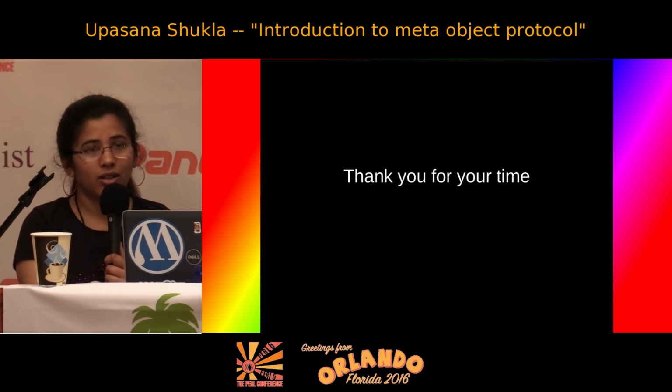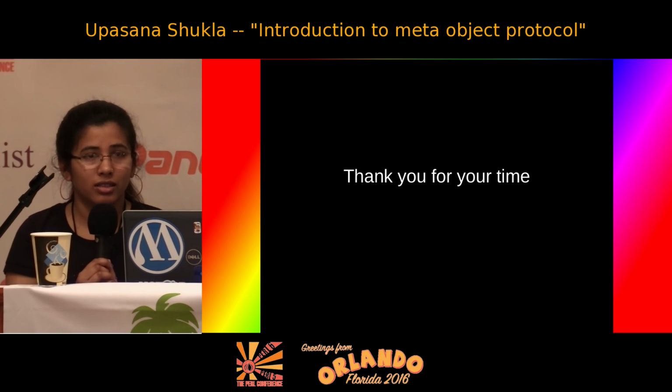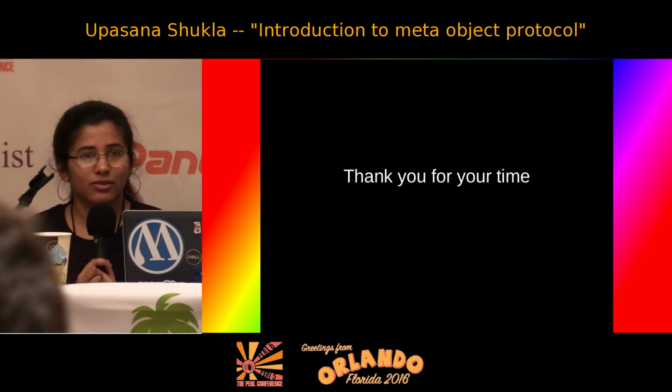Since most of the time one doesn't mutate classes at runtime, how come they're not immutable by default, and you tell Moose if you want to mutate them, instead of the other way around? Do you have any insight into that? Okay, you're asking why it's not immutable by default.